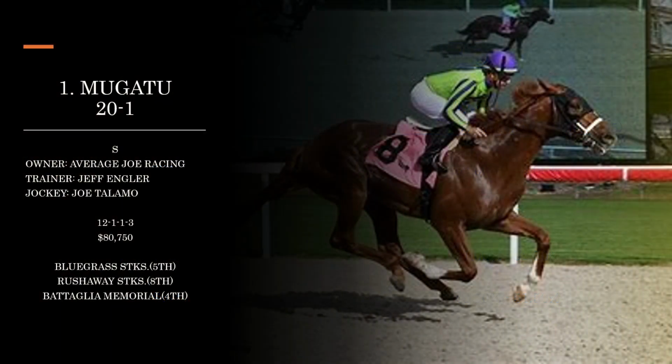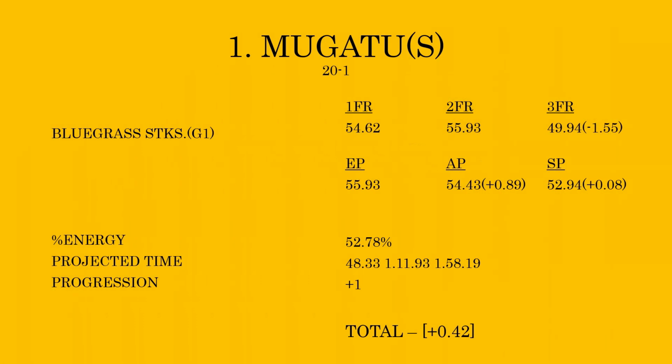So we'll look at Mugatu first, and we'll use the Bluegrass Stakes. And as we do, we're using the last race each horse is running, with a couple of exceptions, which we'll get to. But the idea is to get their most recent form. And certainly if we can't get a representative race from their most recent form, we want to find one that's fairly current, that indicates potentially how the horse can run when things are a little more favorable, or if all things were equal, let's say.